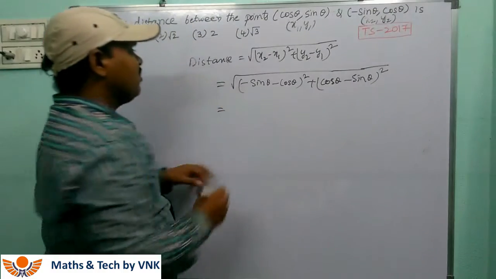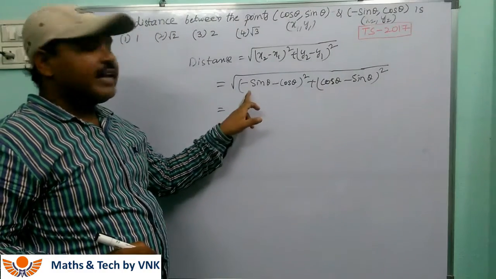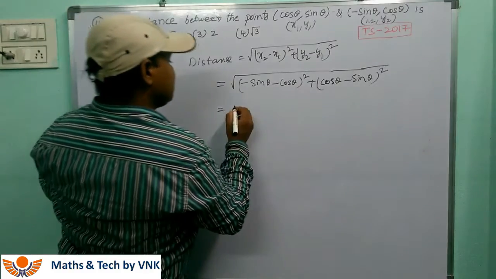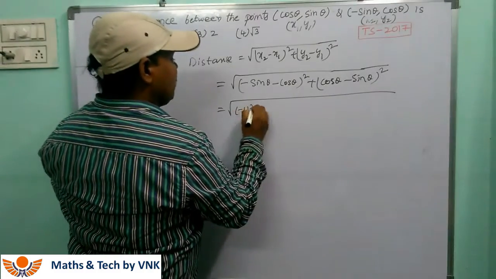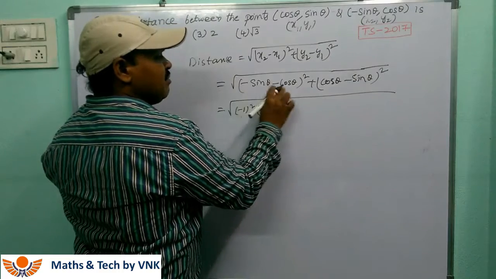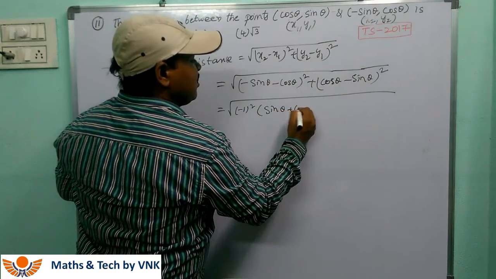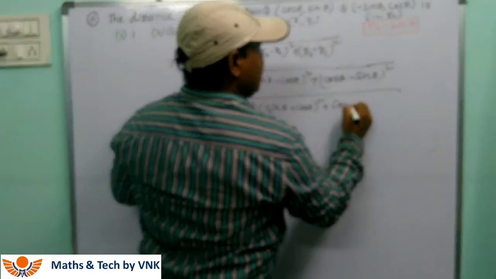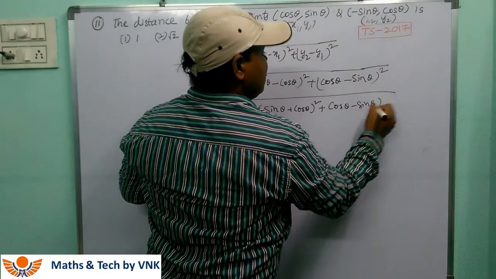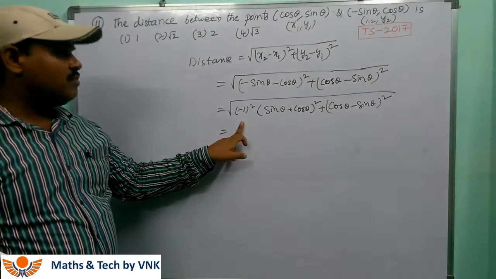Now from these two terms, sin theta and cos theta, we can take minus common. So that is square root of minus 1 whole square, then it becomes plus (sin theta plus cos theta) whole square plus (cos theta minus sin theta) whole square. Minus 1 square is plus 1.